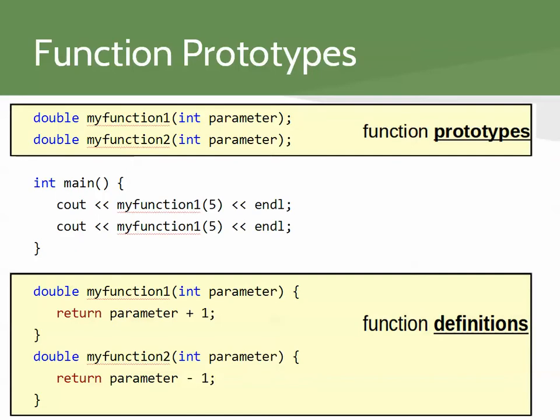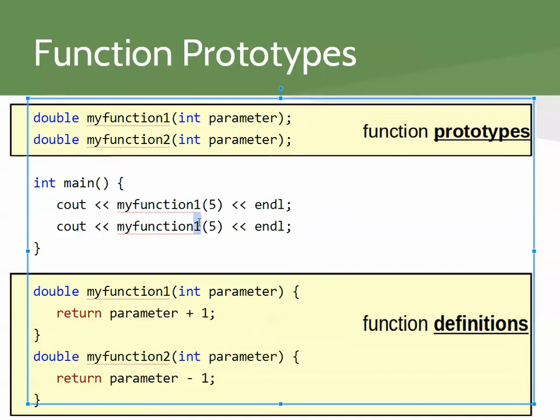So on this slide down here, we see what the relationship would look like. In any previous example, if we had a main function, it was going to use this myFunction1, and actually there should be 2 there. All right, if we were going to call myFunction1 or myFunction2, we would know that the definition of the function, whatever that might be, would have to be above it, would have to be above main.